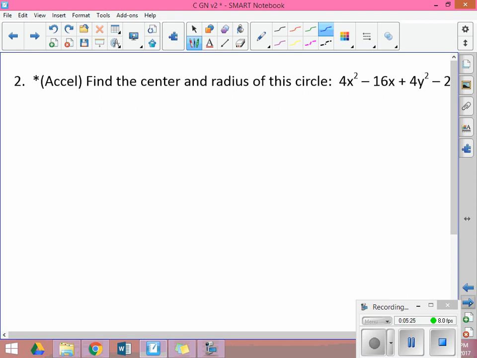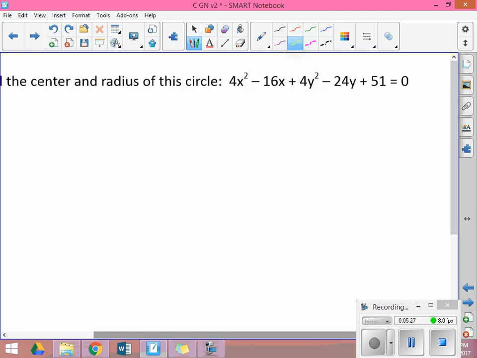So in this example, you can see I have a problem. I don't have a lead coefficient of 1, and that creates some problems in my completing the square. Easily fixed. Go ahead and divide everything by 4. Now that's pretty easy because these both have a lead coefficient of 4.